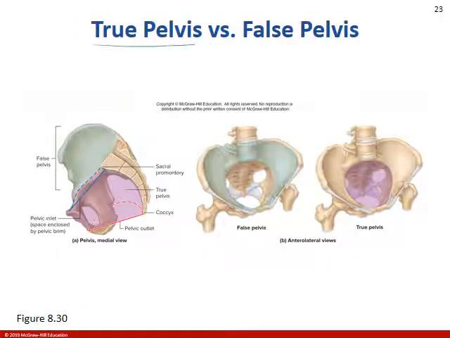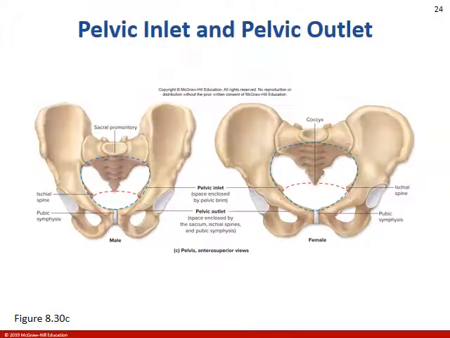Some words that you might hear: true pelvis and false pelvis. You can see here that the false pelvis is really the ilium region of the os coxae, where the true pelvis is the pubic, the ischium, the sacrum, and the coccyx. You might also see the terms pelvic inlet and outlet. You can see the inlet here in the dashed blue line.